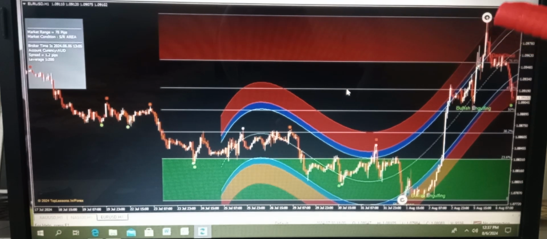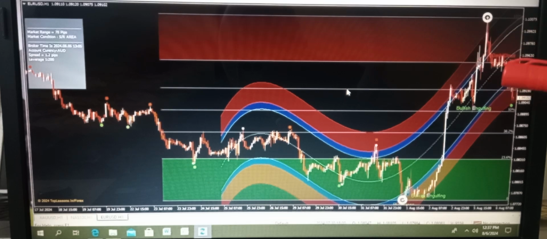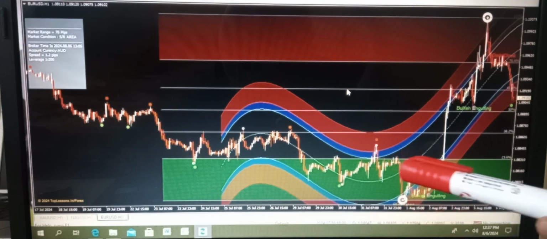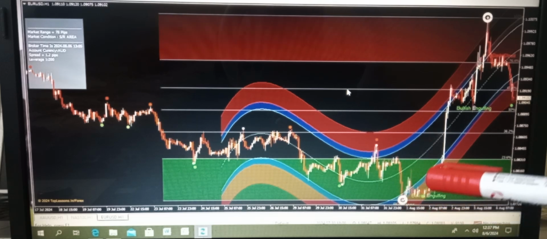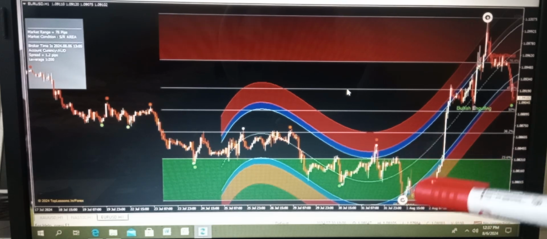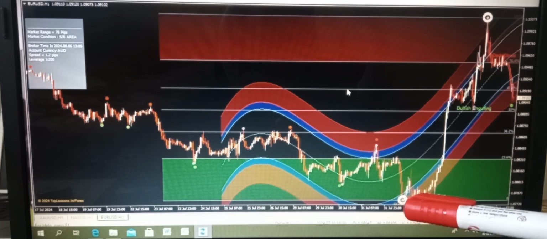When the market is at the resistance level and you get a sell signal, it shows there is more bearish pressure coming after this signal. When the market reaches the support level and you get a buy signal, it means there is more bullish pressure coming after this signal.